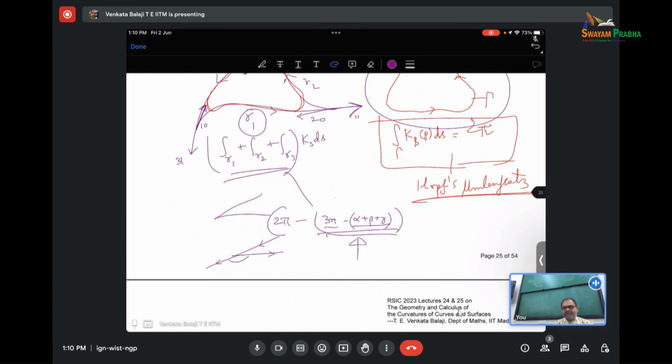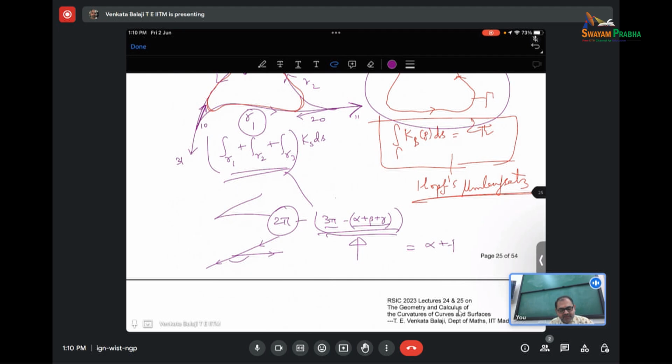So see, 2 pi is what you should have got, but you are getting this extra term. You have to subtract this excess that's coming out of the curvature. And what is this? This is just alpha plus beta plus gamma minus pi. So what is the significance of this alpha plus beta plus gamma minus pi?